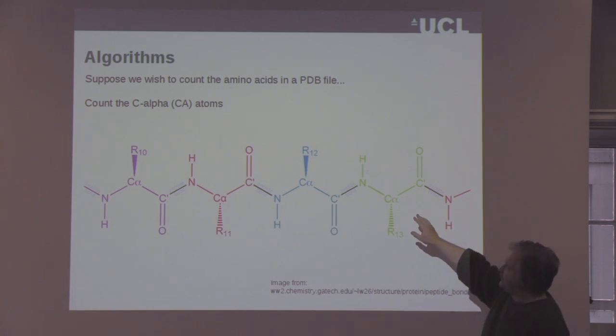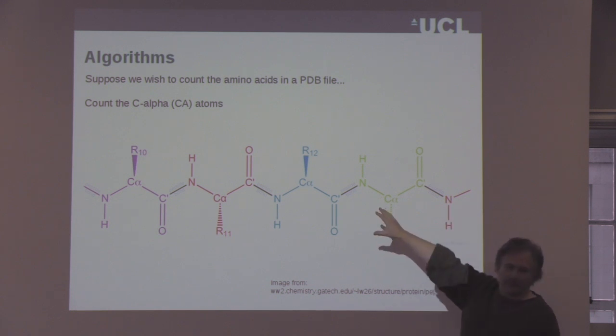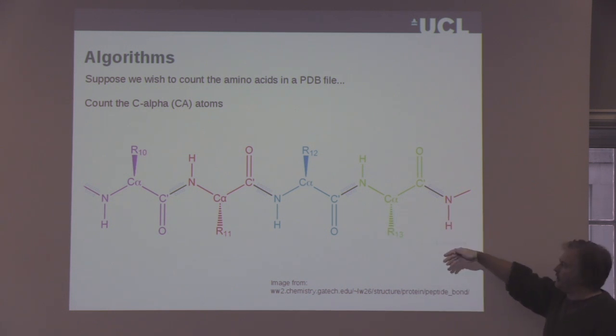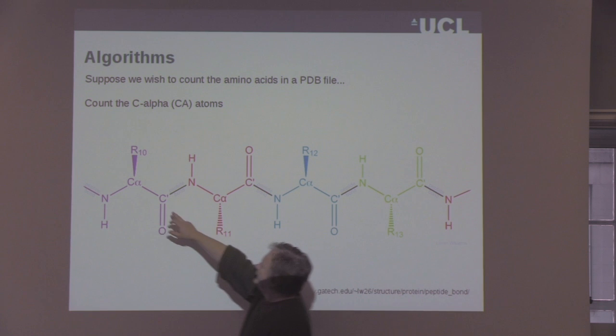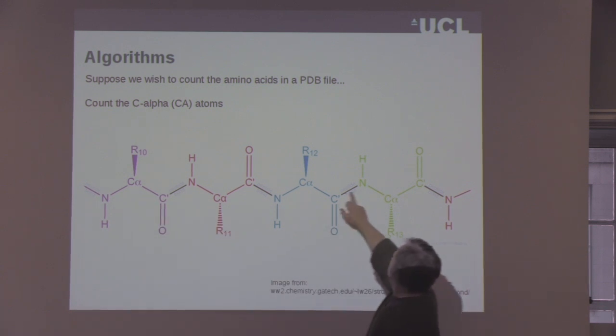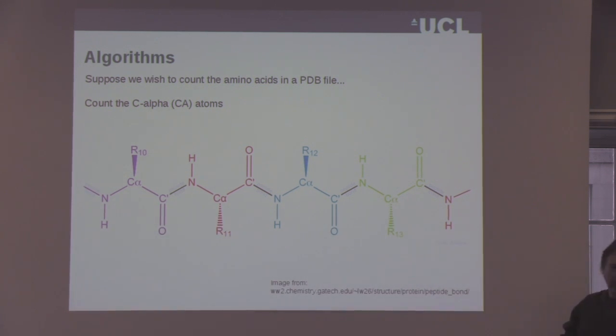And we want to count the number of residues, number of amino acids. Now, the central atom in each amino acid, of course, is the alpha carbon. So here, here, here, here. So we know that that's got to be present in every amino acid. So a good thing to do would be to count the alpha carbons.